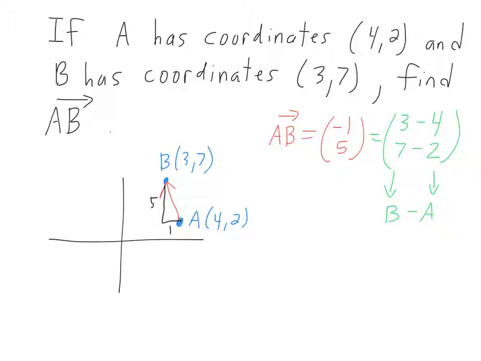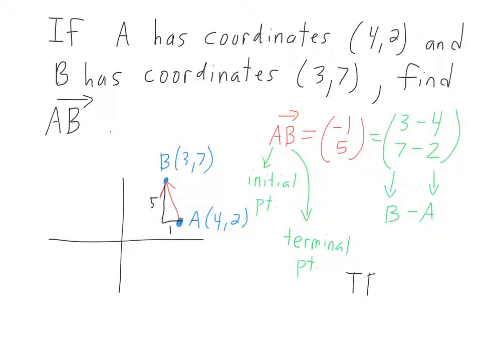So let's generalize here a little bit. Let's call this point A, which is where the vector starts, the initial point, or the starting point. And let's refer to this point B as the terminal point, the ending point. So I have a little mini formula for you here.